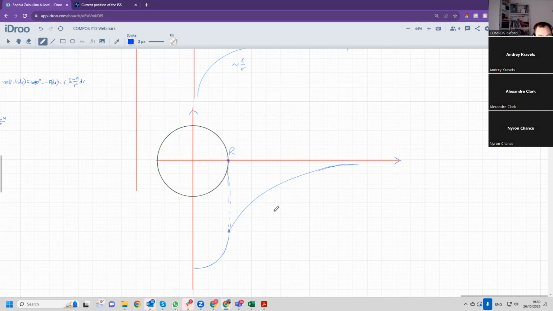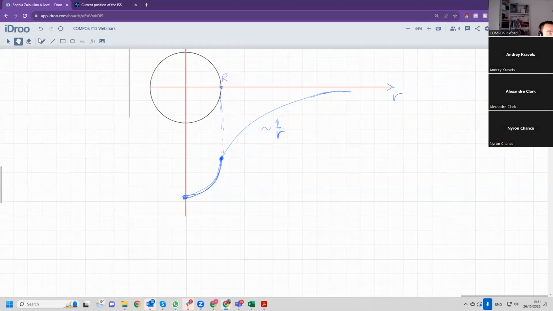When you are outside the planet, it's negative and proportional to 1 over R. That's R. This is the gravitational potential energy. And inside the planet, it's going to behave like this. It's a quadratic, like this.